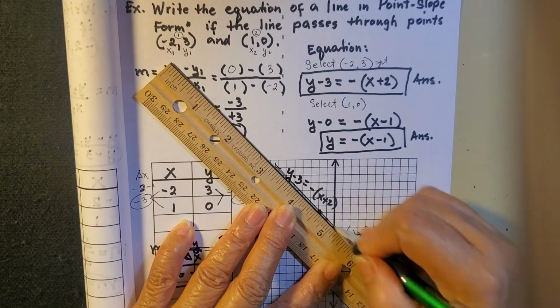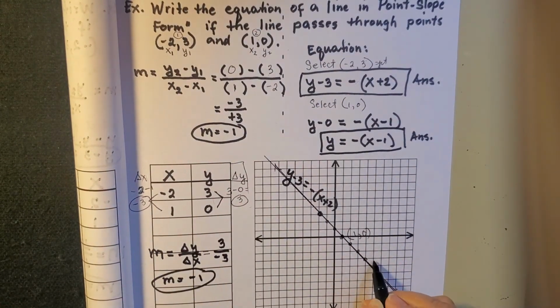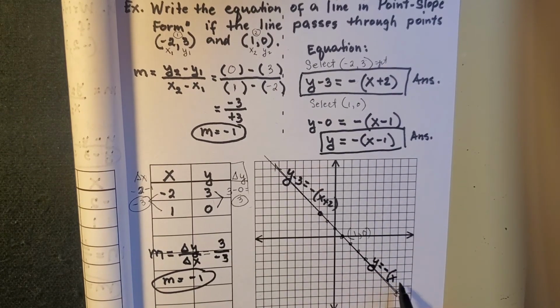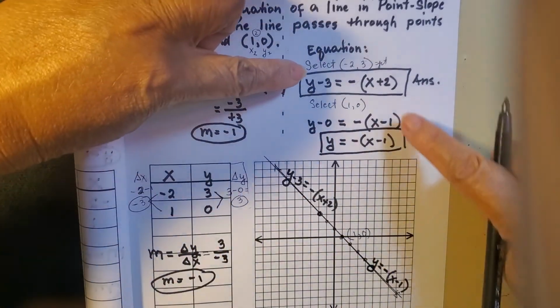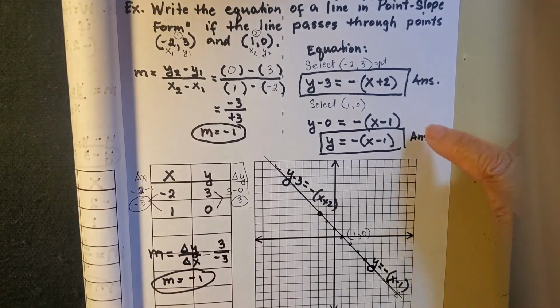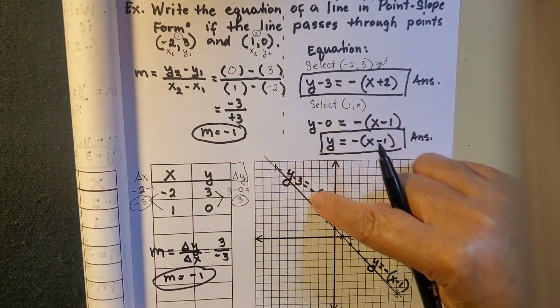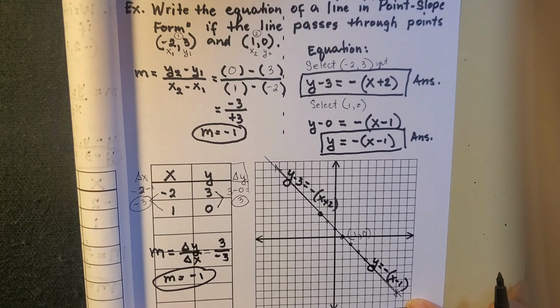Yes, you do. So for this same line, the equation is y equals negative x minus 1. Now I was able to justify that these two equations are equivalent and they will have the same line.